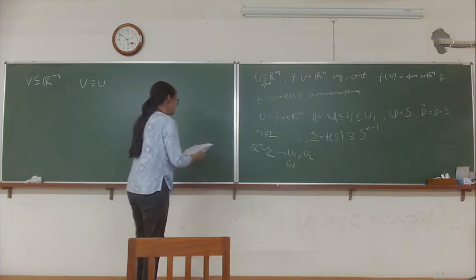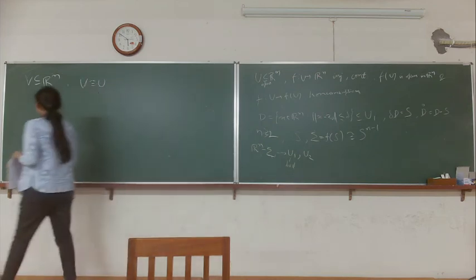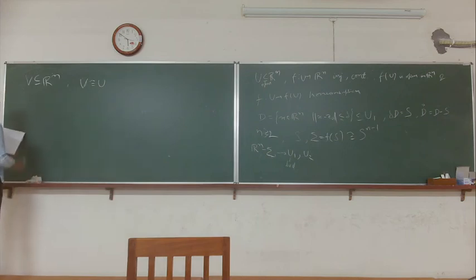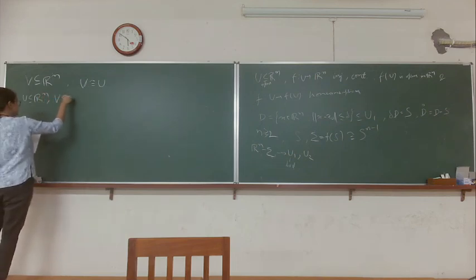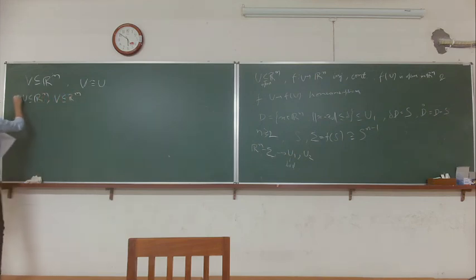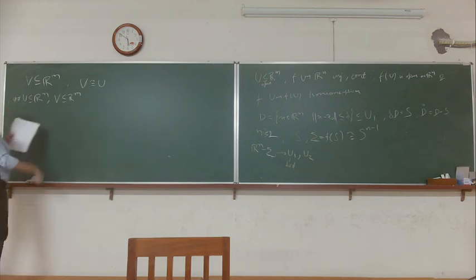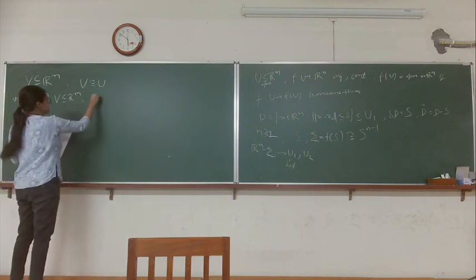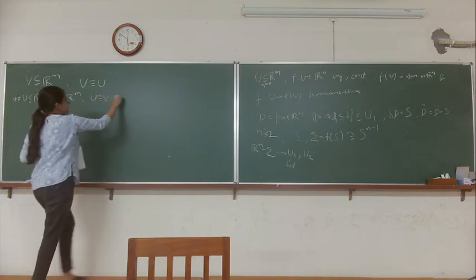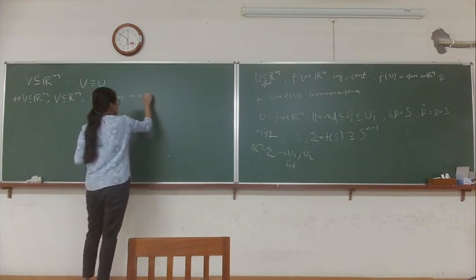From that we get this very important result called dimension invariance, which says that if U, a subset of Rn, and V, a subset of Rm, are both non-empty, and U is homeomorphic to V, then n equals m.